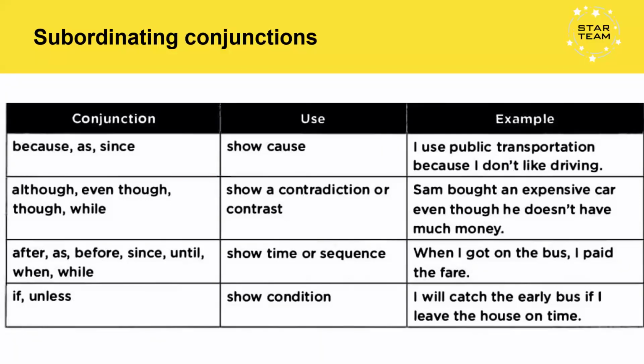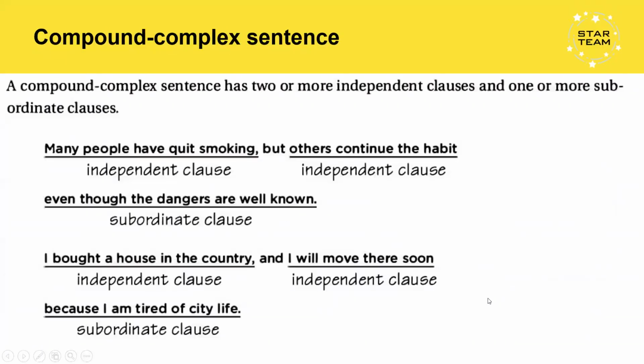Okay, the next. Compound complex sentence. There can be one subordinate clause and two independent clauses, or two independent clauses and a subordinate clause. Many people have quit smoking, but others continue the habit, even though the dangers are well known.